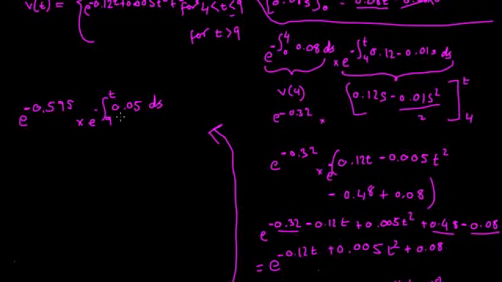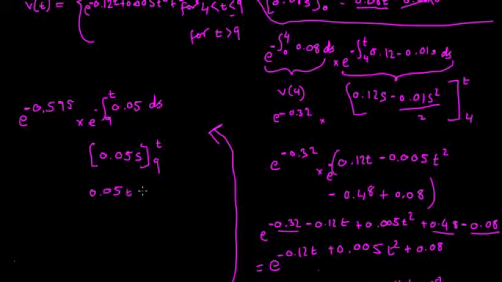Okay, so we've got this. What is the integral of this bit? So 0.05 s in between t and 9. So that's then just going to be 0.05t minus, what's 9 times all this? 0.45. And that's e to the negative all of that. And we've also got negative 0.595 multiplied, so these get added together.